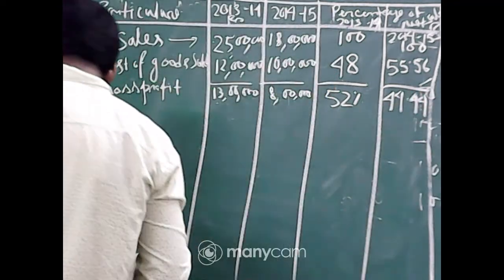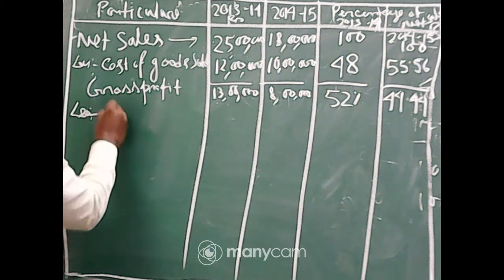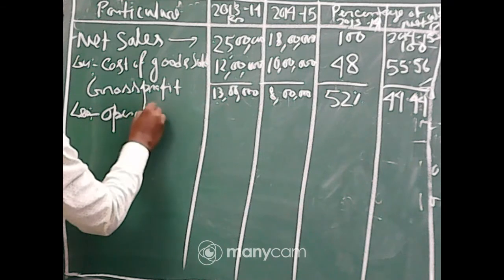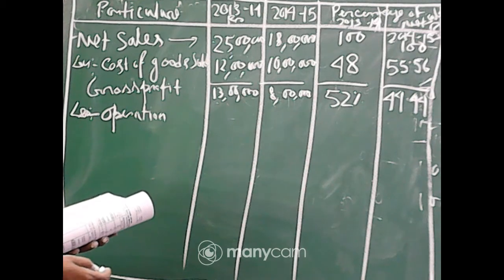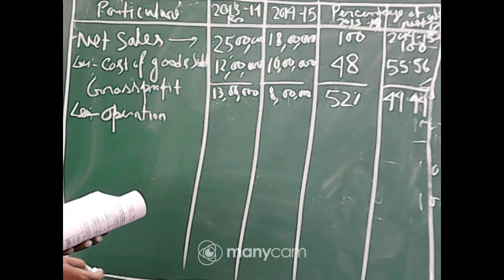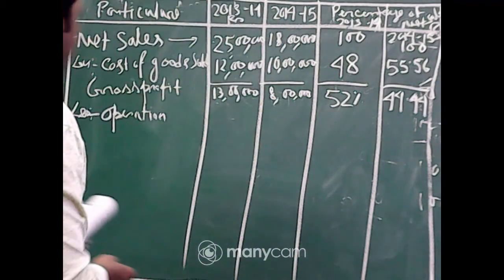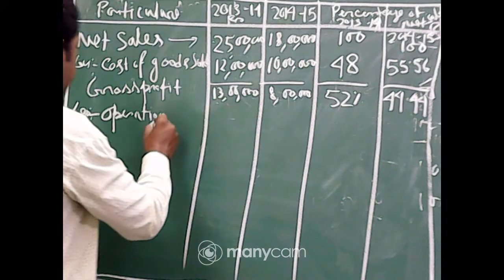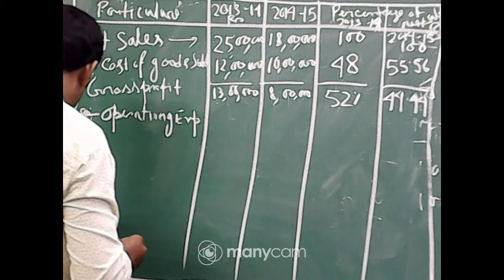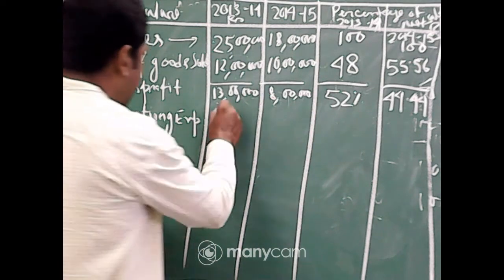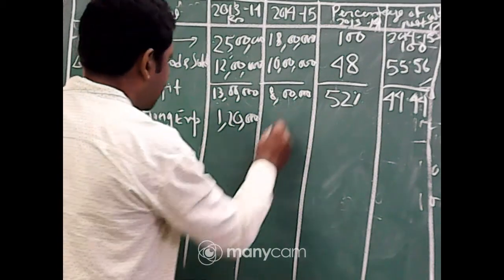Now again there are operating expenses. So we have to deduct operating expenses from the profit and loss account. Now what is operating expenses? 1,20,000 and 80,000.